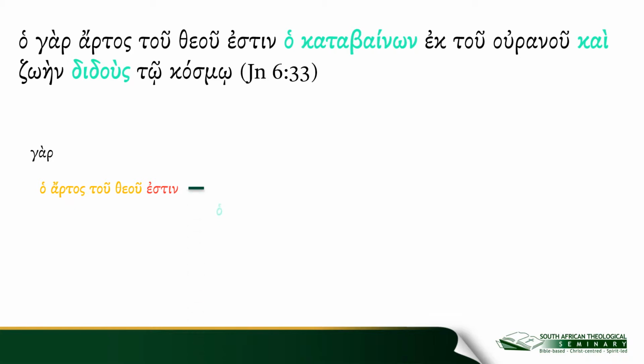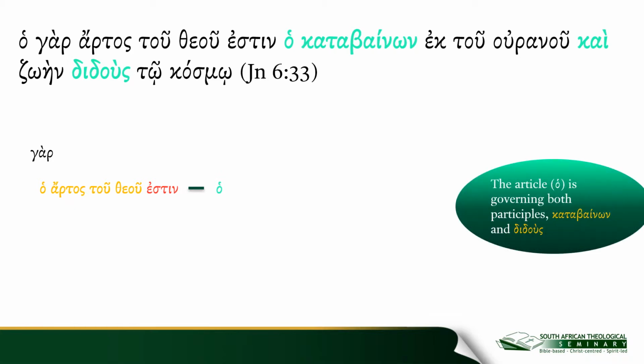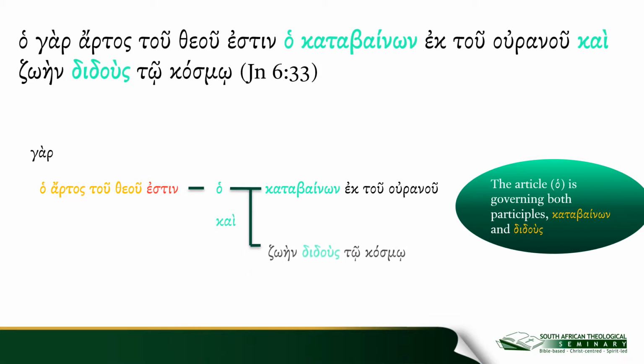The TSKS construction is made up of an article, ho, followed by a nominative singular masculine participle katabainon and its modifiers, the conjunction kai, and another nominative singular masculine participle didous and its modifiers.